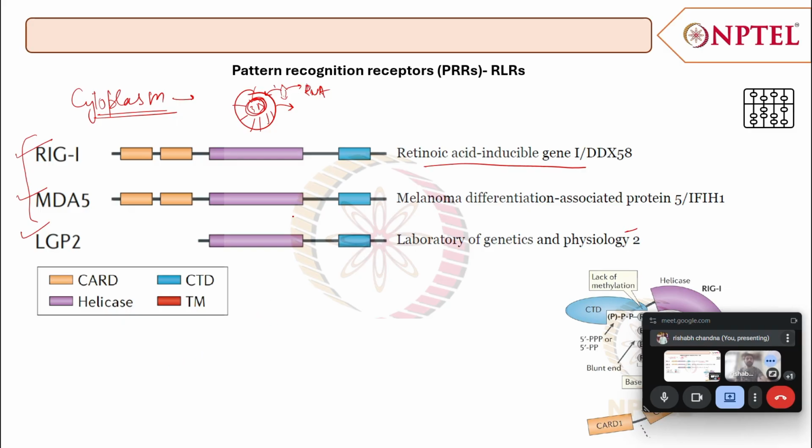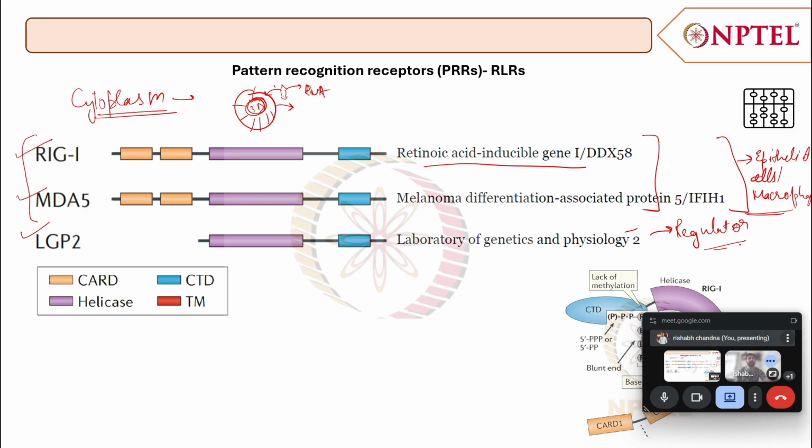Now, out of these receptors, RIG1 and MDA5 are present in the epithelial cells and the macrophages, which are the major sites where RNA viruses infect. So this is where these two receptors are majorly located inside the body. Talking about LGP2, it is like a regulator.